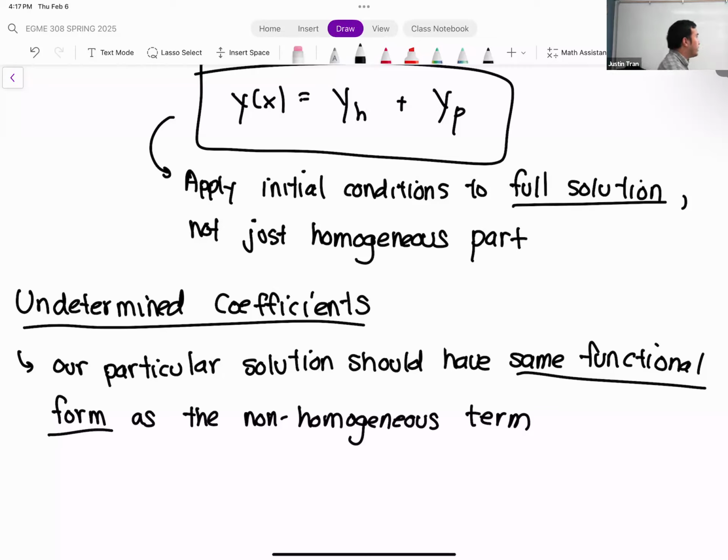The operative keyword here is the same functional form. So whatever type of function your non-homogeneous term is, your particular solution should have that same form.